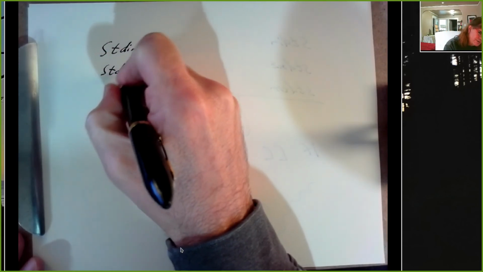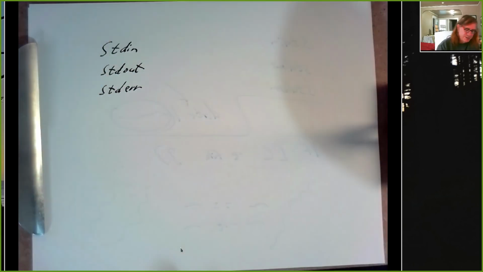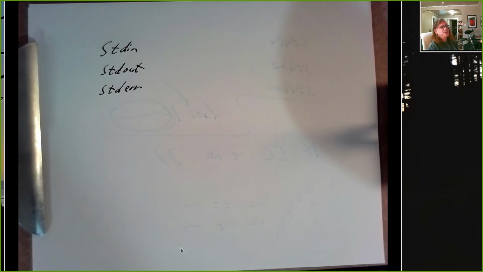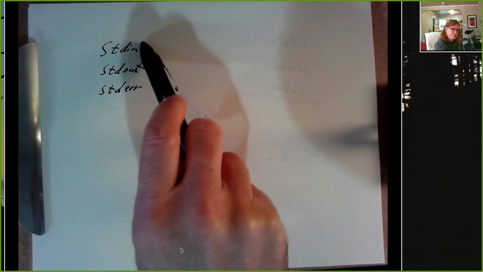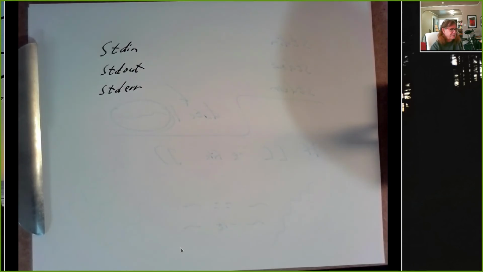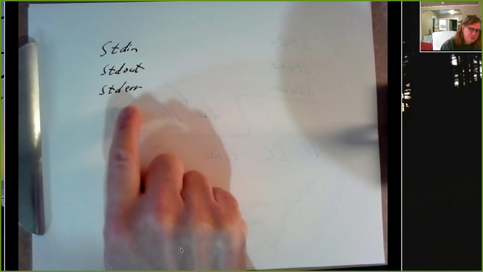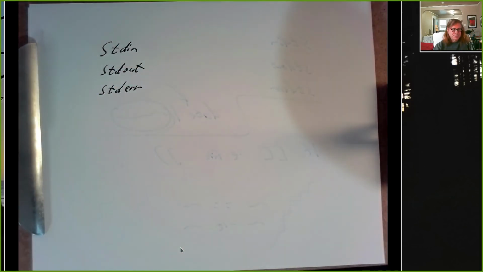They're called stdin, stdout, and stderr. And even though we talk about reading from the keyboard or displaying something on the display, we're really reading from a stream called stdin and writing to a stream called stdout or stderr. And by default, stdin is your keyboard, stdout is your display, stderr is your display.